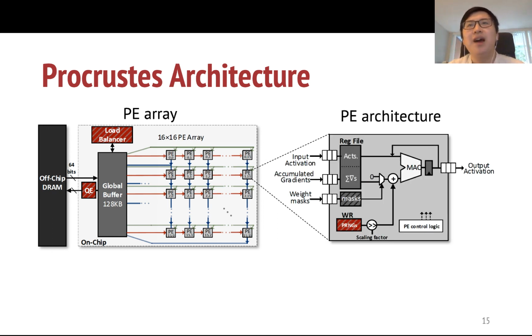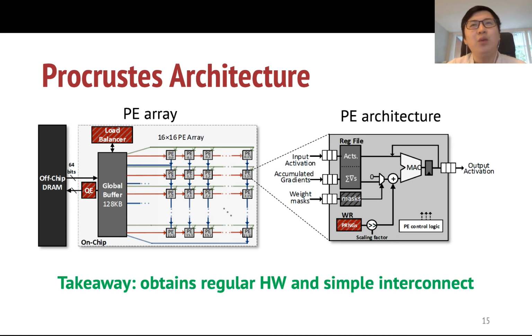It consists of an FP32 MAC and some local storage. The additional weight regeneration unit is marked in red. The takeaway is that with the proposed hardware techniques, Procrustes executes highly irregular sparse training with only simple and regular hardware components that avoid additional hardware complexity.